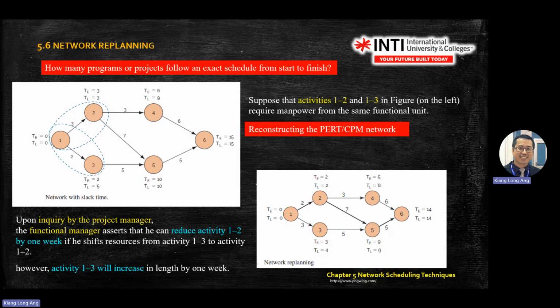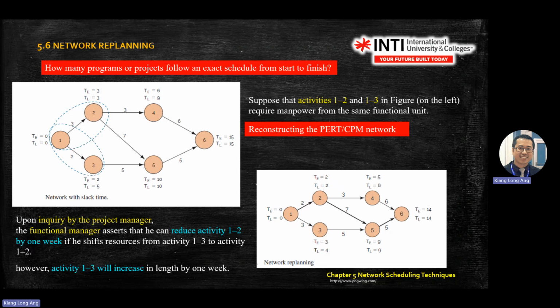Means you look at the critical path members, right? You try to swap the critical path members. You cannot change the critical path members, but you can swap the sequence. See whether you can swap or not. If you cannot swap, then the replanning result is still the same.